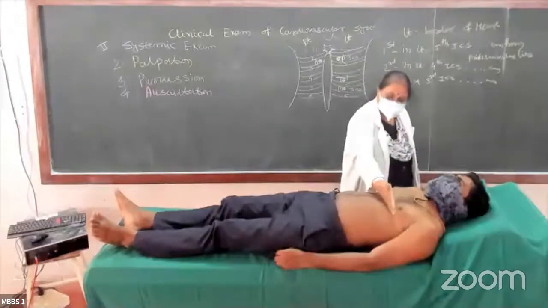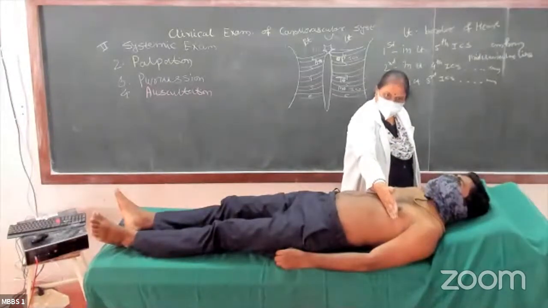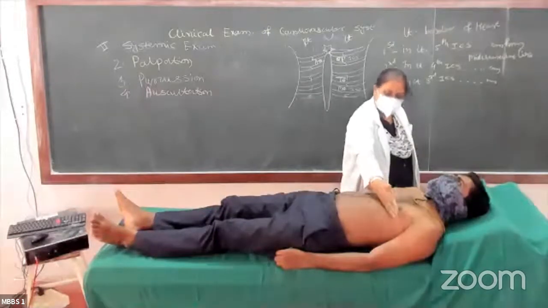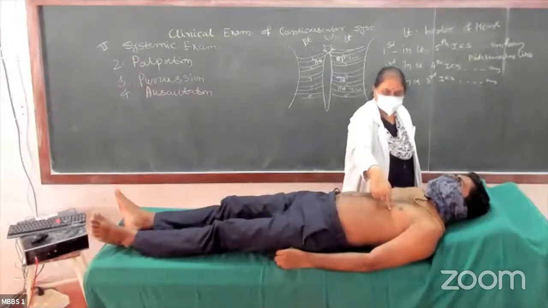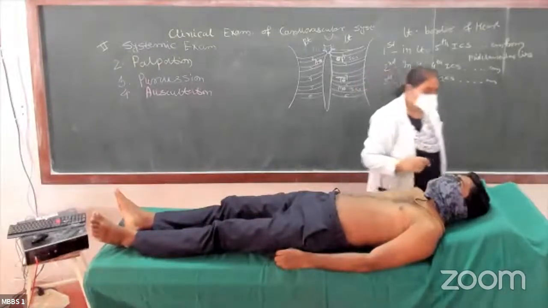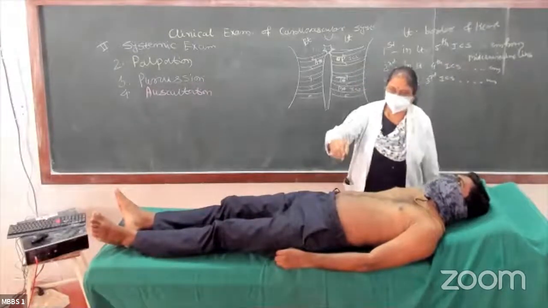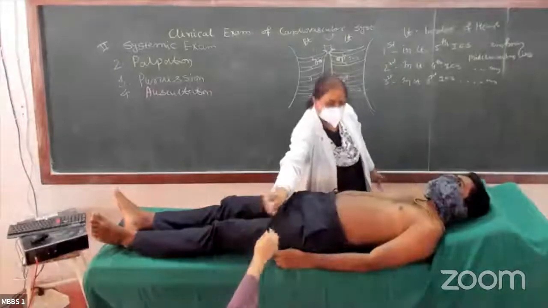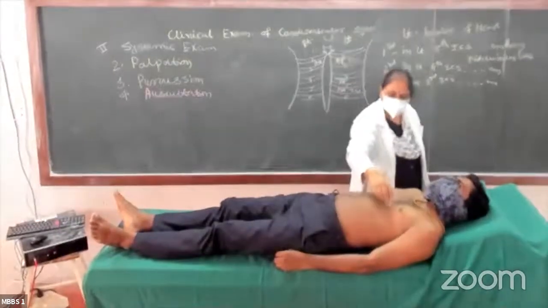So you confirm it with the ulnar border, and if you feel it, then you locate it with the index finger. After locating with the index finger, you mark with chalk.